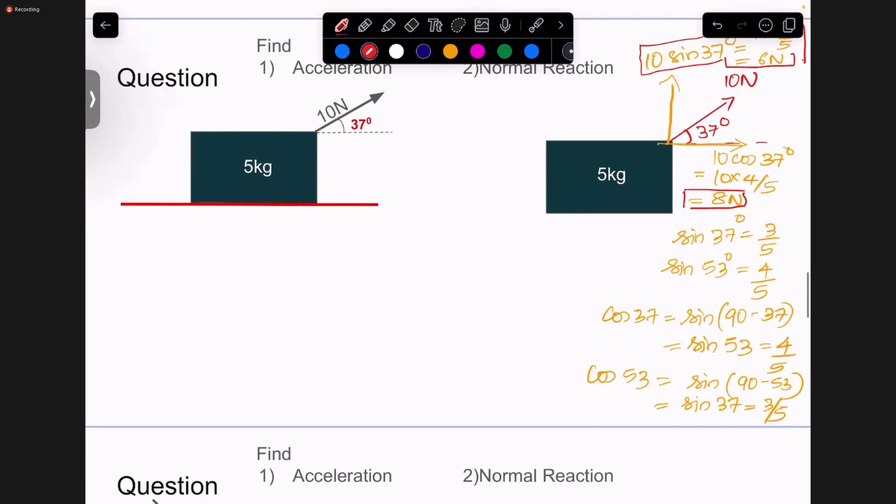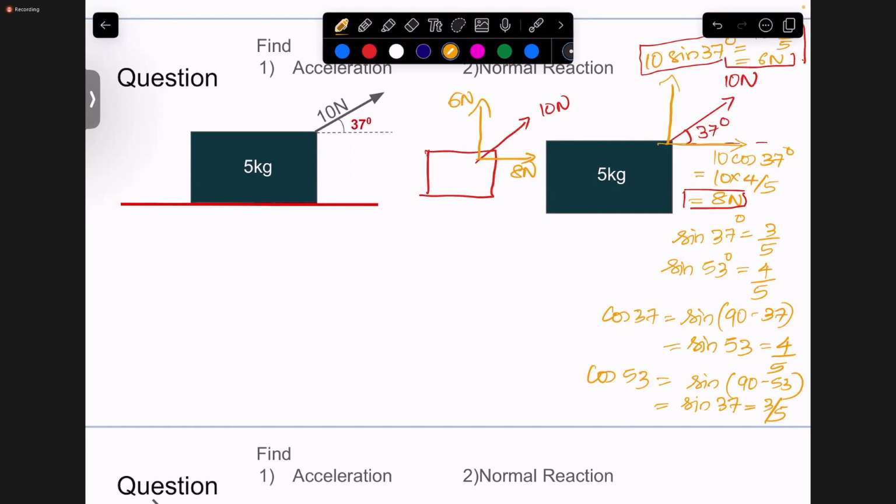So you can draw it over once again. If you take this as our block, this is the given force, which is 10 Newton. These are the resultant components. One is 8 Newton, the other one is 6 Newton.